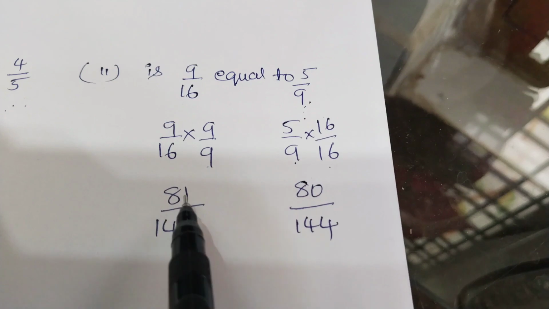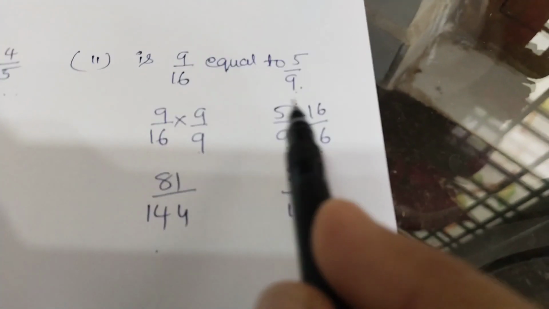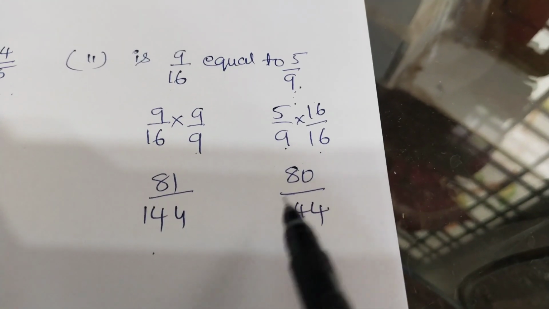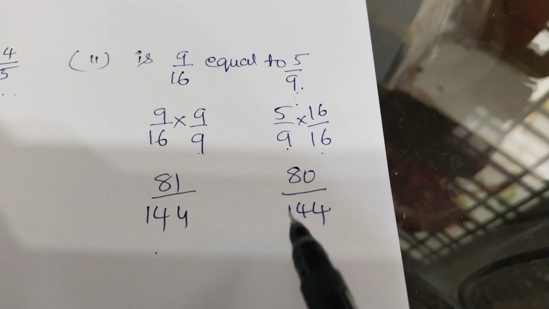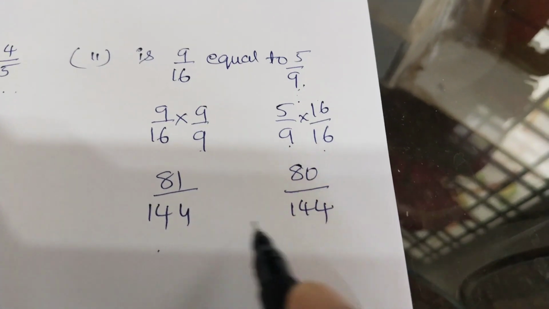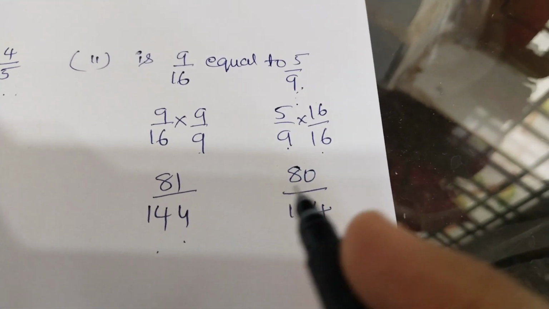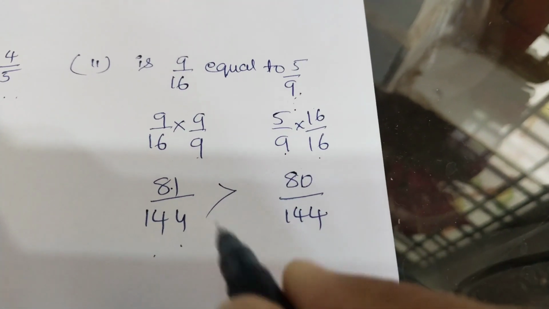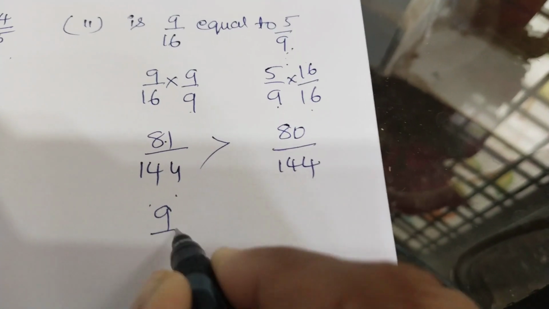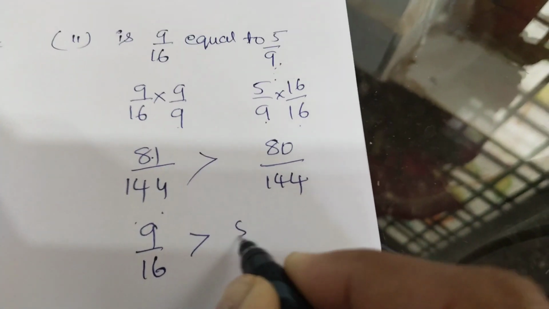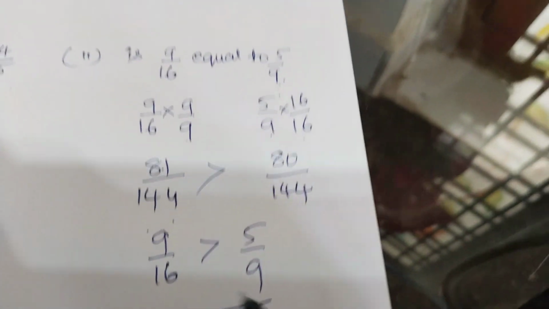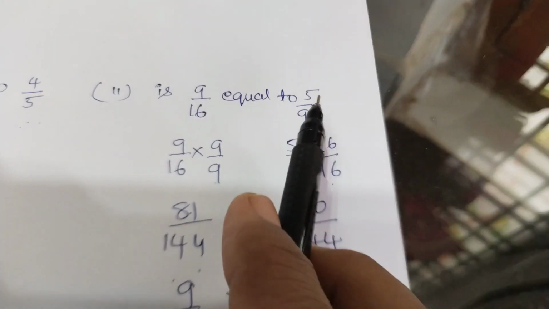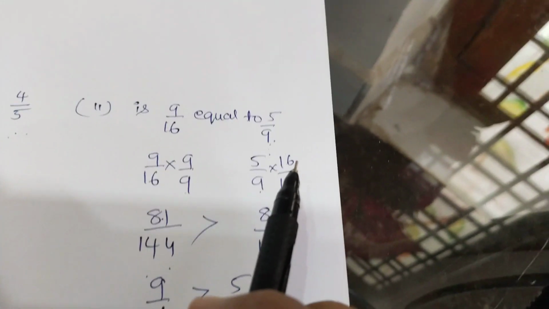So 9 9s are 81 by 16 9s are 144, 16 5s are 80 by 9 16s are 144. Now the fractions are converted to like fractions. 81 is bigger than 80, so I am going to put greater than. So 9 by 16 is greater than 5 by 9. So the answer is 9 by 16 is not equal to 5 by 9.